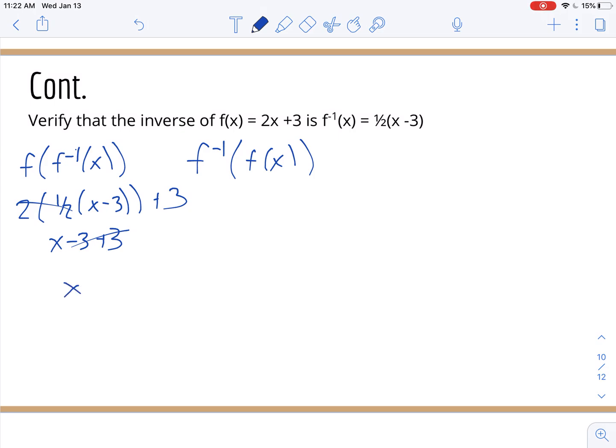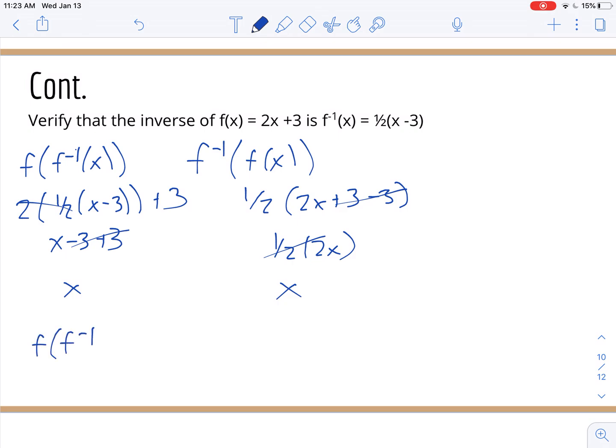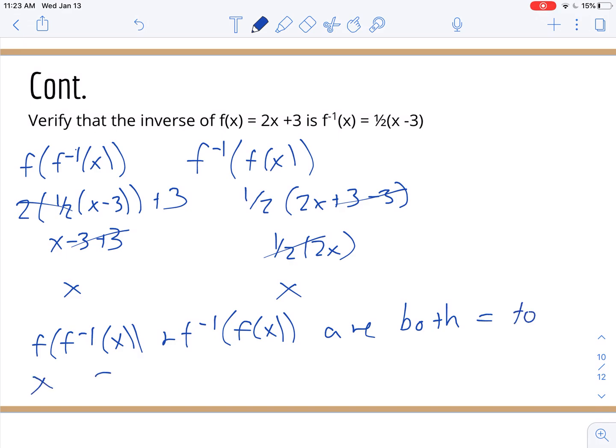Then for the inverse, I've got 1/2 times 2x plus 3 minus 3. These will cross out. 1/2 of 2x. And then again, f as composed by the inverse of x and the inverse of x as composed by the function of x are both equal to x. So they are inverses. And that's how we confirm if something is an inverse function.